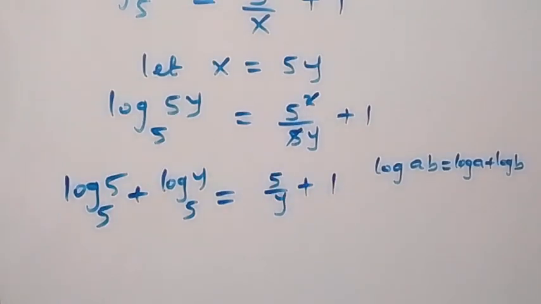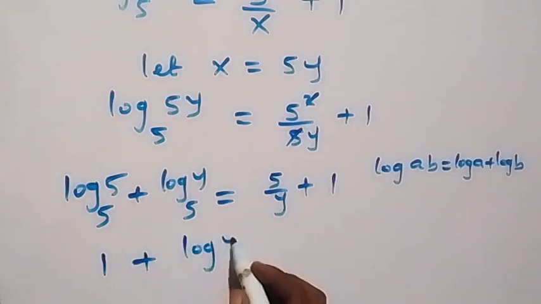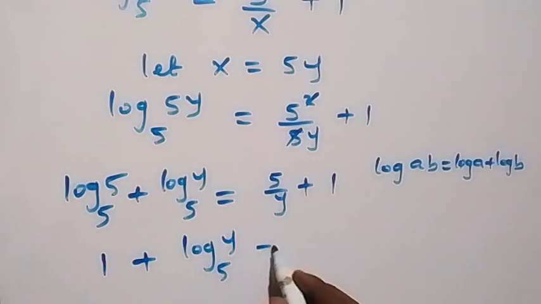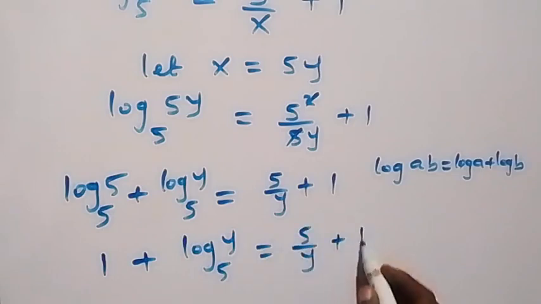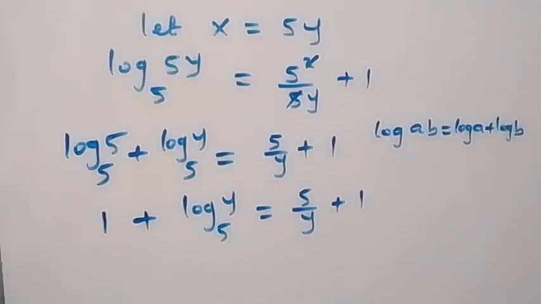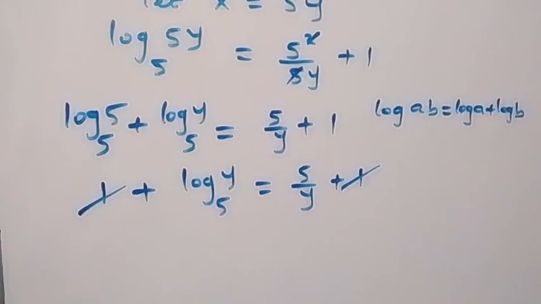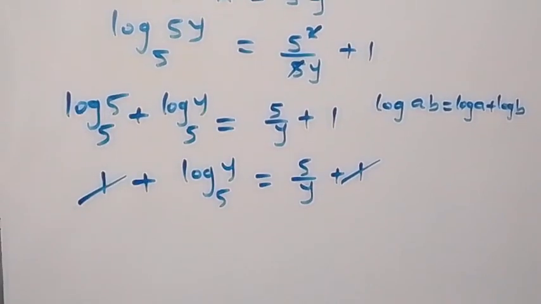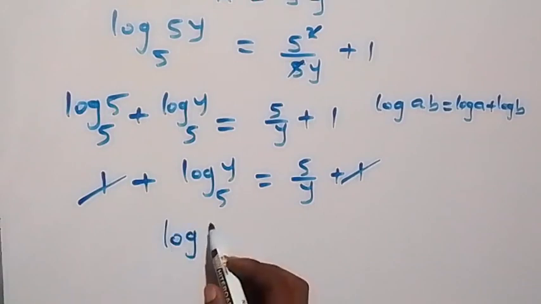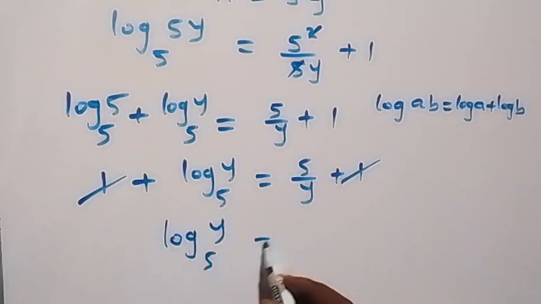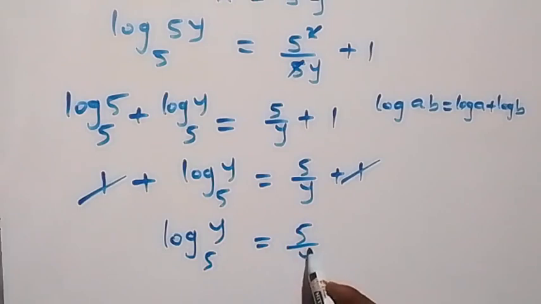Then recall that log 5 base 5 is 1. So we have 1 plus log y base 5 equals 5 over y plus 1. Now we can subtract 1 from both sides. Then what we have left becomes log y to base 5 equals 5 over y.